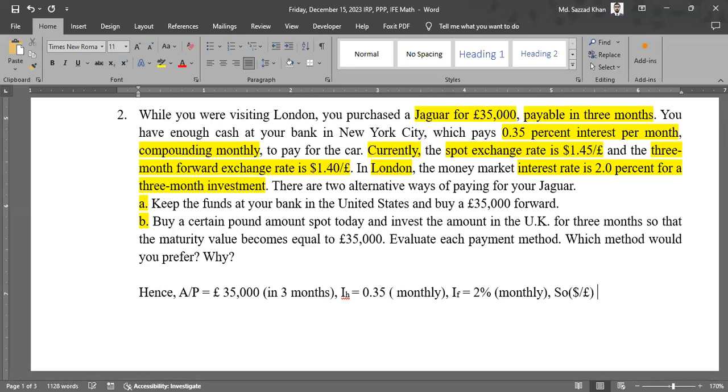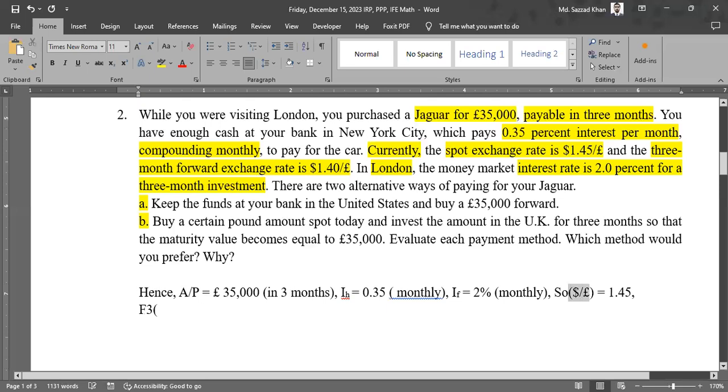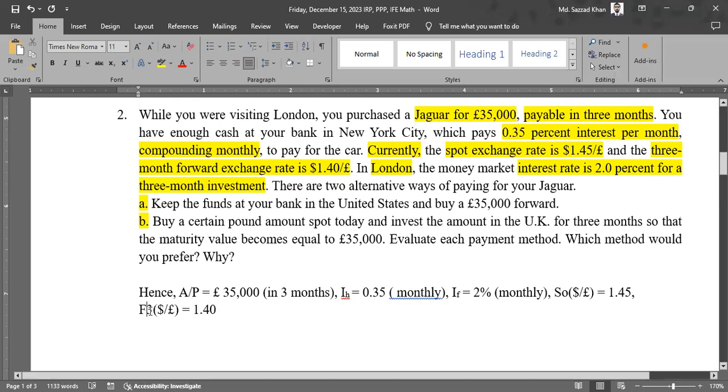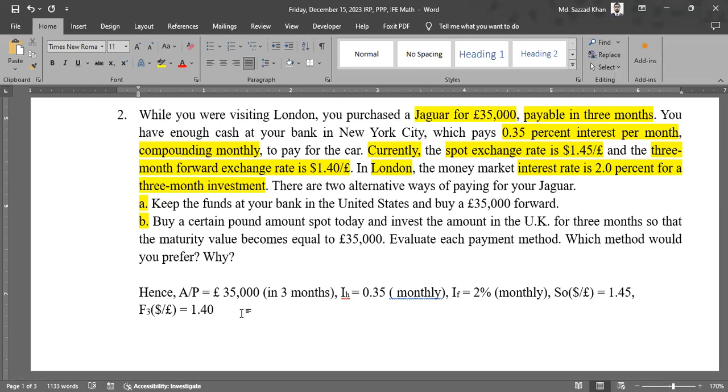Which is 1.45. And the forward rate for 3 months is also given in dollar by pound, which is 1.40. Okay. So we have written down every information available in the question.